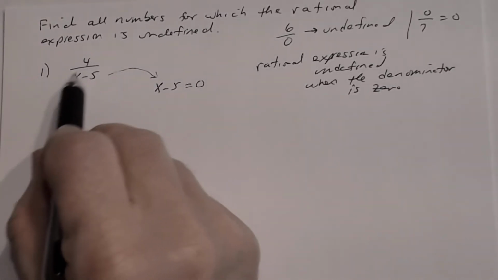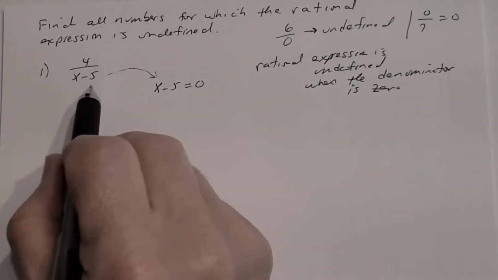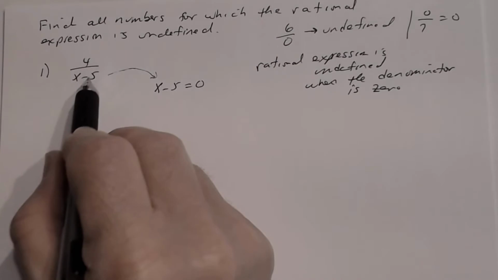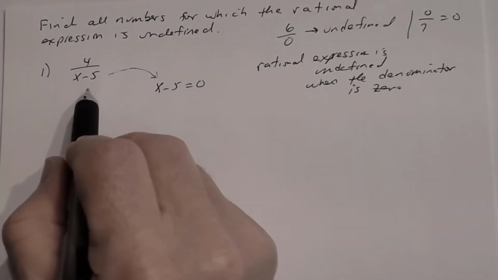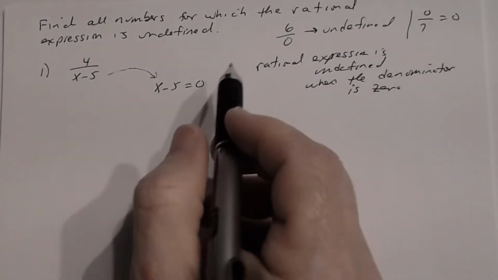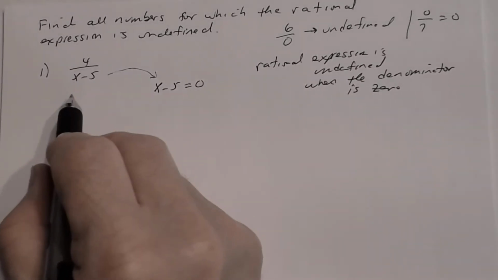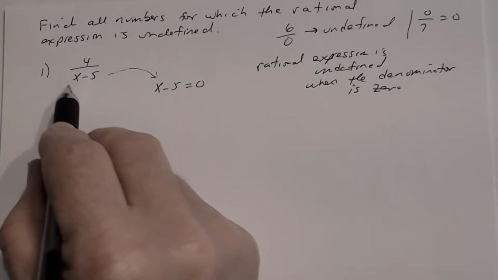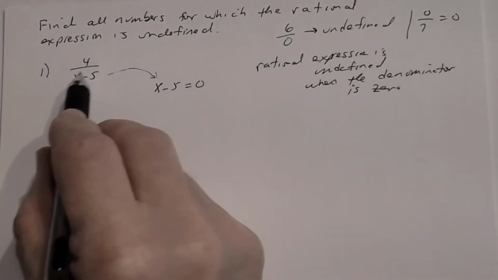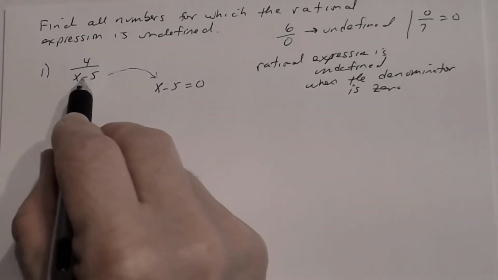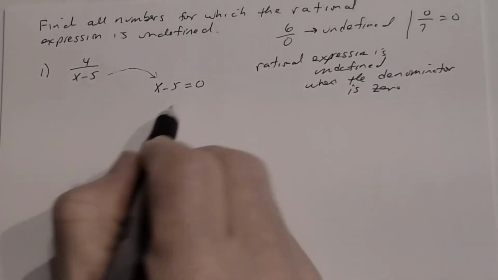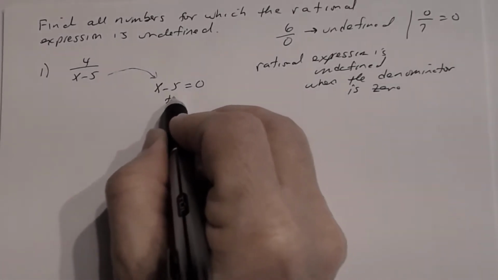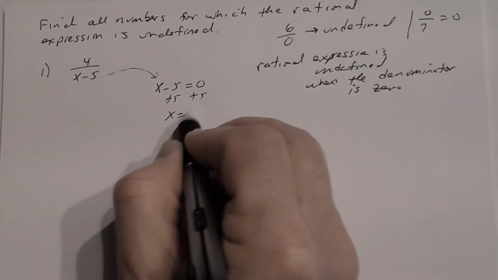Now, we all know just by looking at this what value of x makes the denominator 0. You knew it was 5, right? But it's not always going to be that simple, so it is necessary that you think of it in terms of, where is this denominator equal to 0? So I have this linear equation, and if I solve for x by adding 5 to both sides, I get x equals 5.